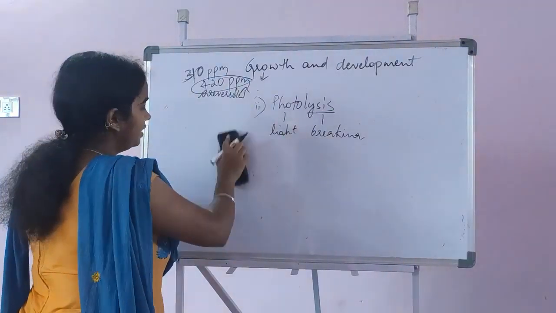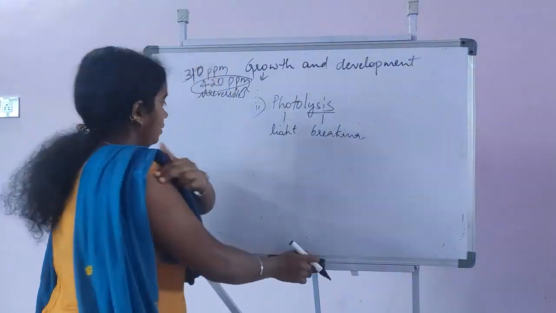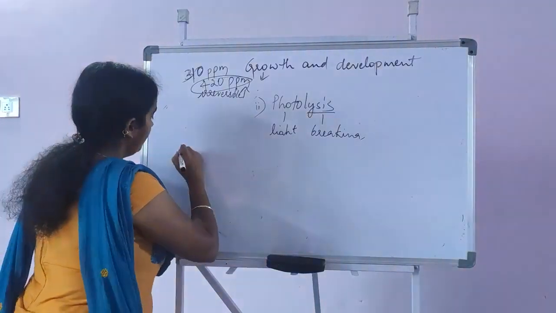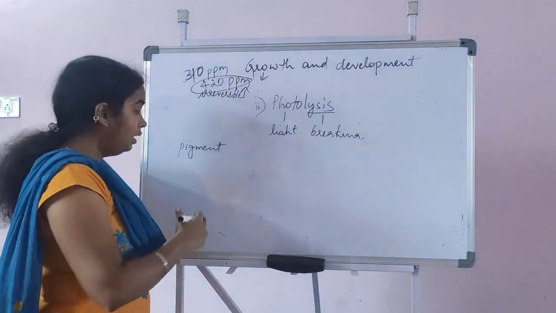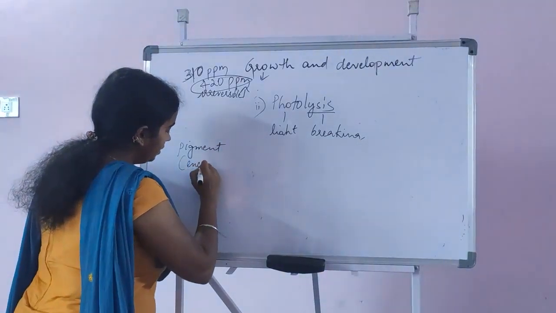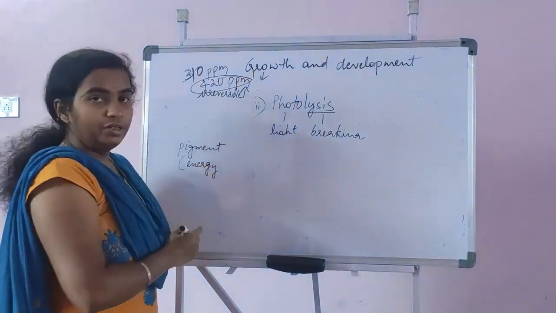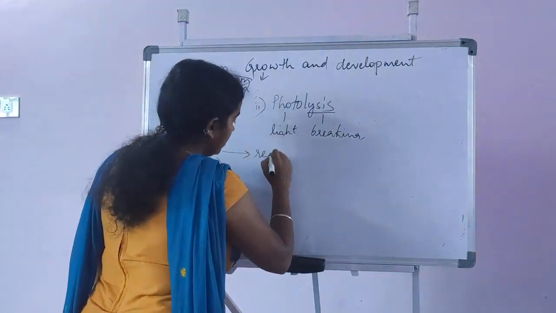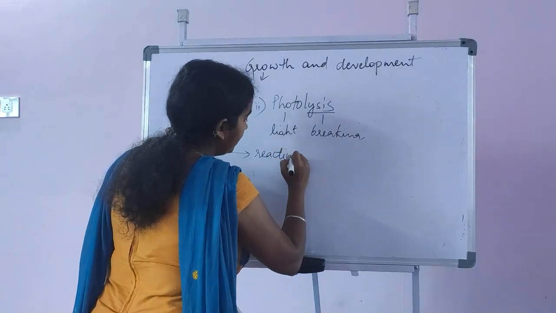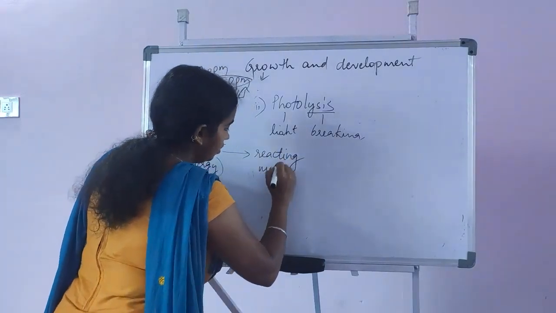I will write it like a flow chart. Pigment, like chlorophyll, absorbs energy, and the electrons are passed on to the surrounding reacting molecules.